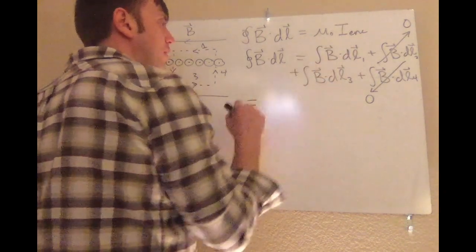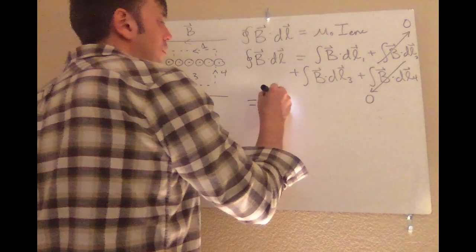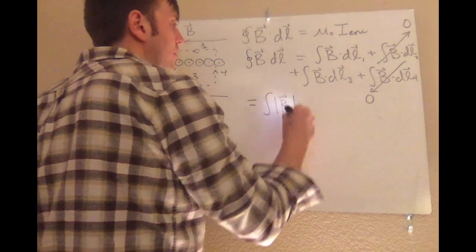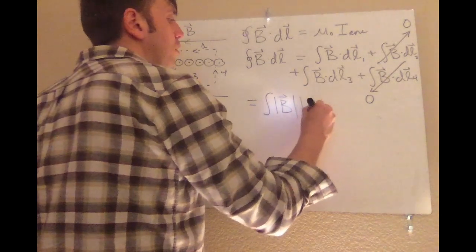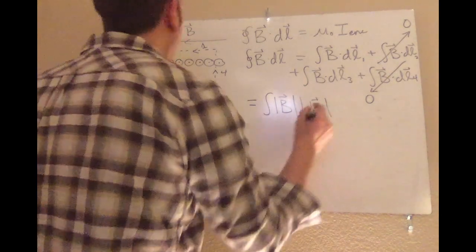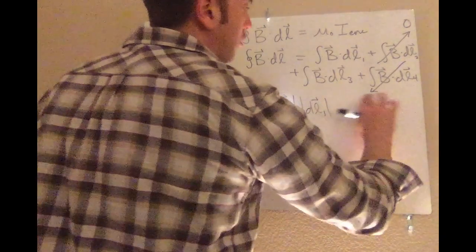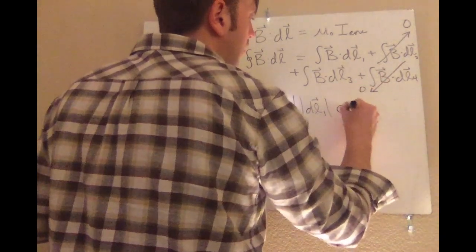We've got B dot dl1. So this is the integral where we have the magnitude of B, the magnitude of dl1, and if we look at path 1, it's going in the exact same direction as our B field. So we're going to have cosine 0.